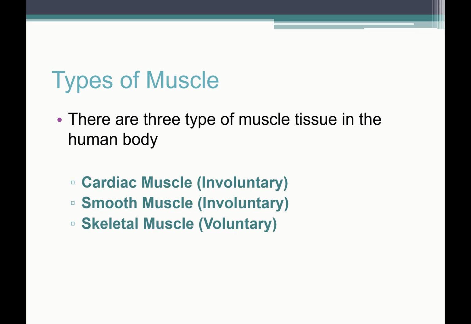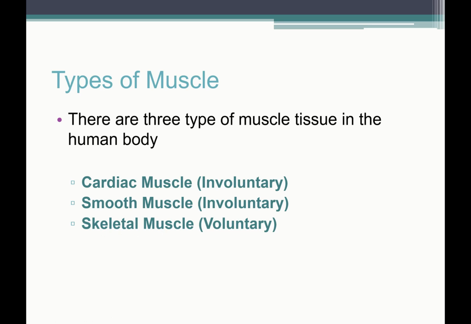So the next part of the muscular system is related to the different types of muscle that the body has. Now, all of the muscles that we've just been through on the previous slide are related to only one specific type of muscle that we find in the body. In fact, there are 3 different types of muscle tissue that you need to be aware of. The first one is cardiac muscle, the second one is smooth muscle, and the one that we've just been through and are probably most aware of is skeletal muscle.